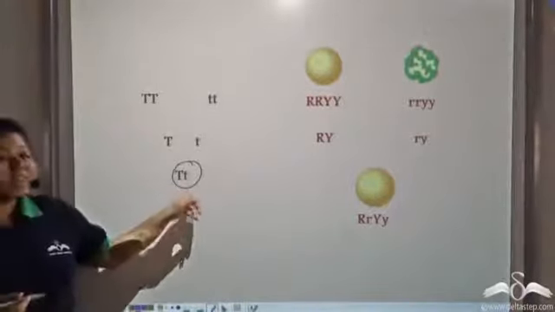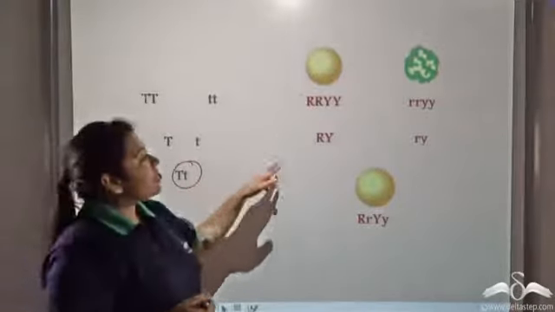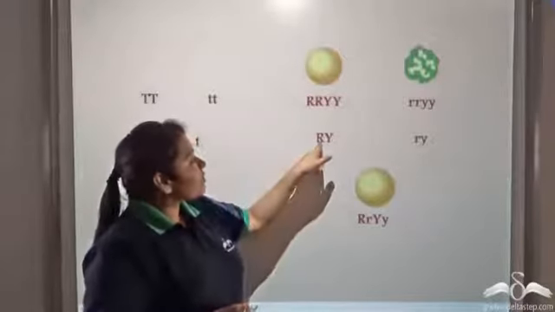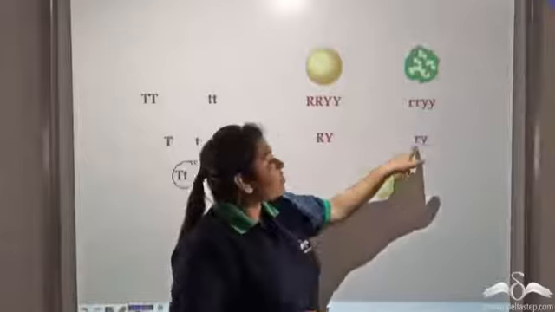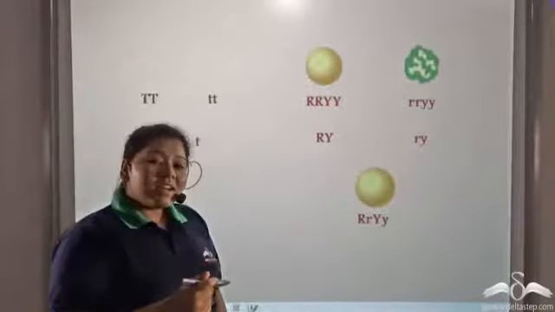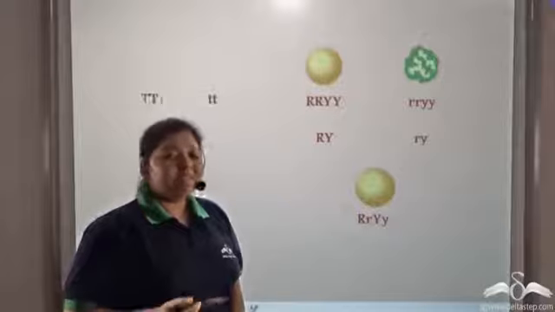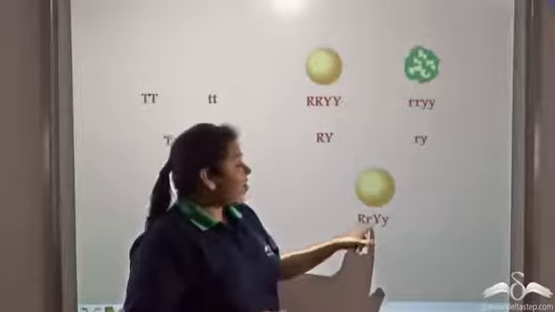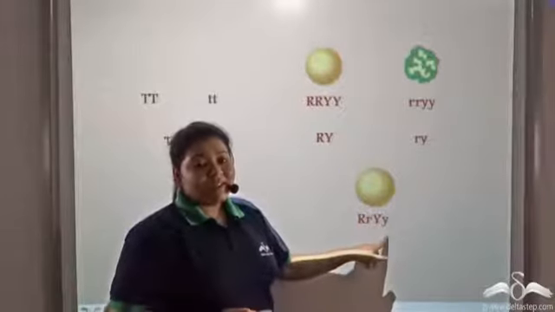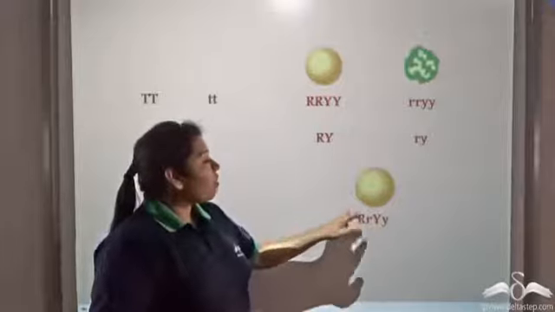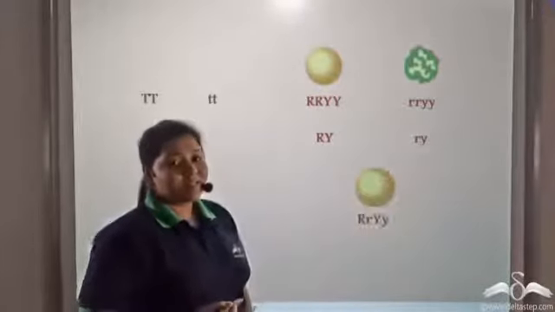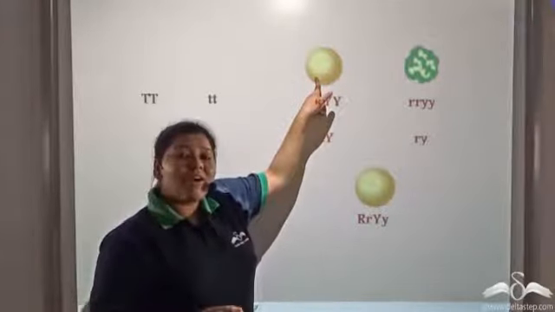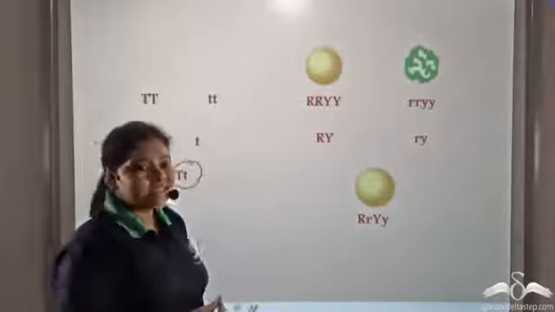Similarly, the reproductive cells have half the number of chromosomes: capital R, capital Y, and small r, small y. So the first generation of seeds that were formed had genotype capital R, small r, and capital Y, small y. But the phenotype is that of a round and yellow seed. This is because yellow is dominant over green and roundness is dominant over wrinkledness.